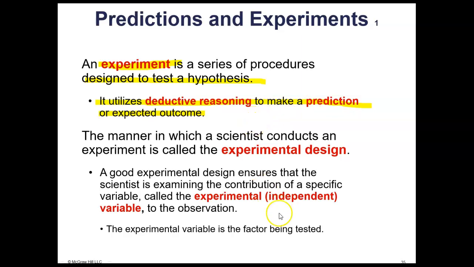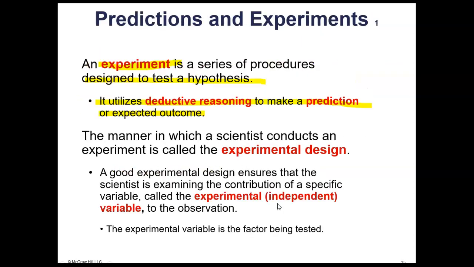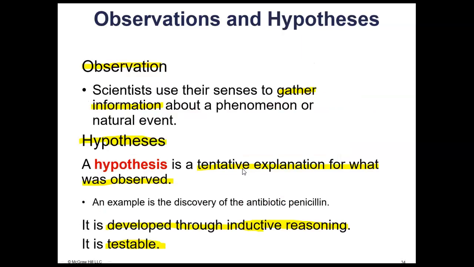So another thing you need to know is the independent variable and the dependent variable in an experiment. So let's think of an experiment. Let's go back to the antibiotic penicillin. Penicillin was discovered because when they grew the fungus penicillium on a petri dish, bacteria wouldn't grow on that petri dish around the penicillium fungus.